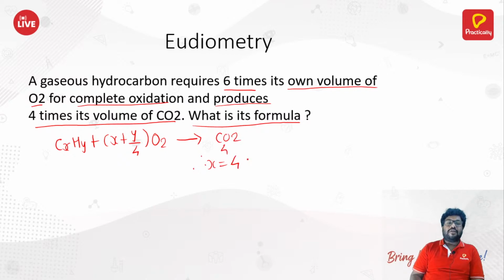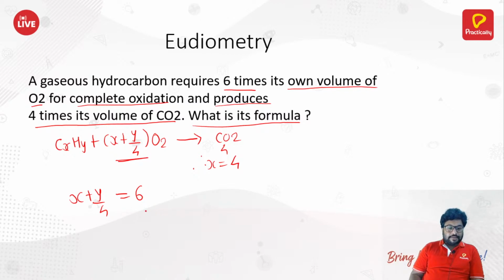Or let's go by this: x plus y by 4 is equal to what? Is equal to 6. That is what they have said, no? A gaseous hydrocarbon requires 6 times its own volume of O2. So x plus y by 4 is equal to 6.